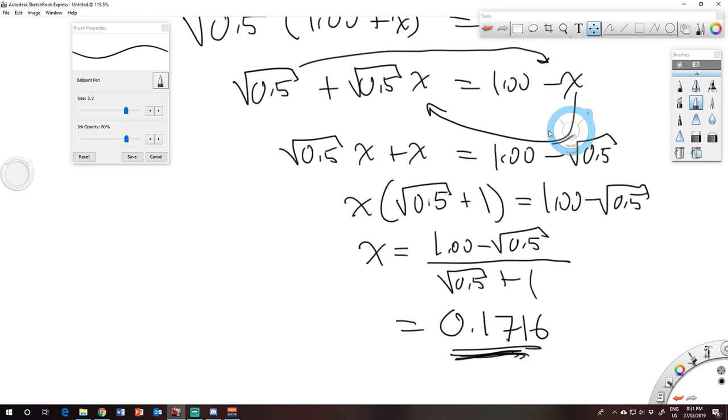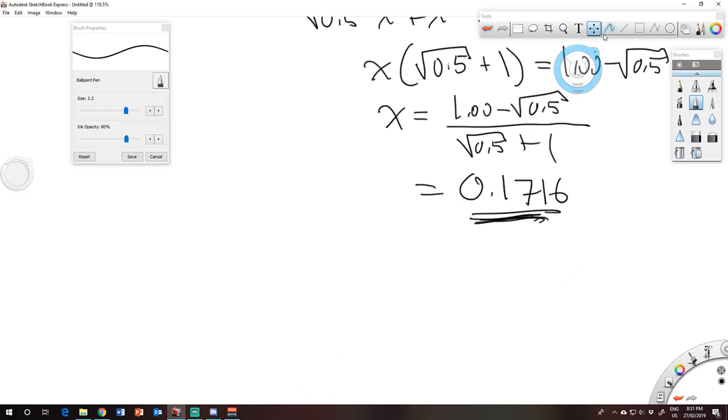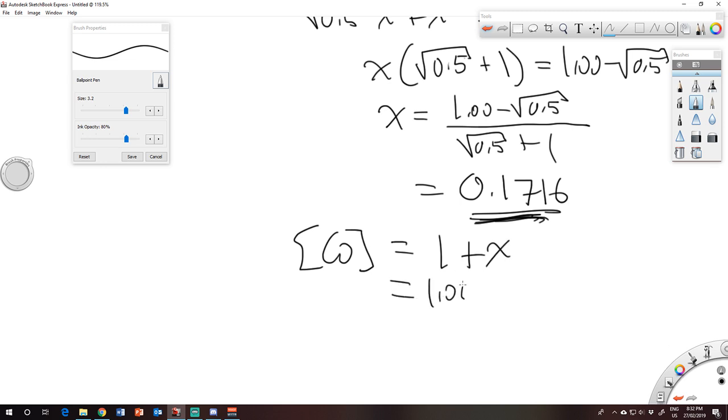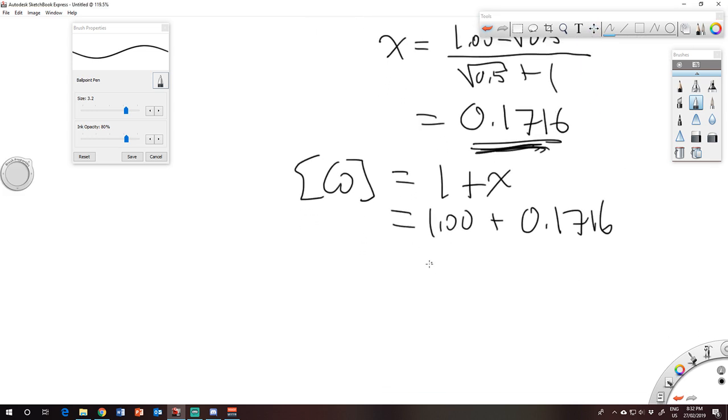So let's do that. The concentration of CO will be 1 plus x, so this is 1.00 plus 0.1716. So the concentration of CO will be 1.17 molar. There you go.